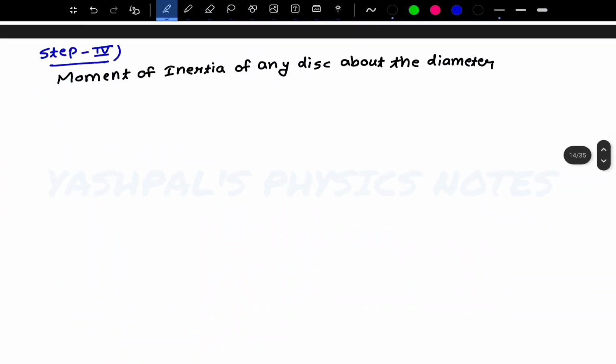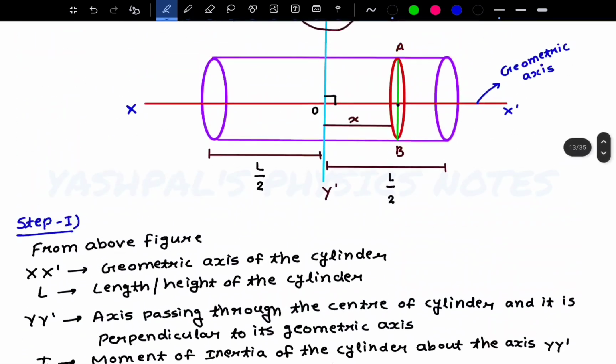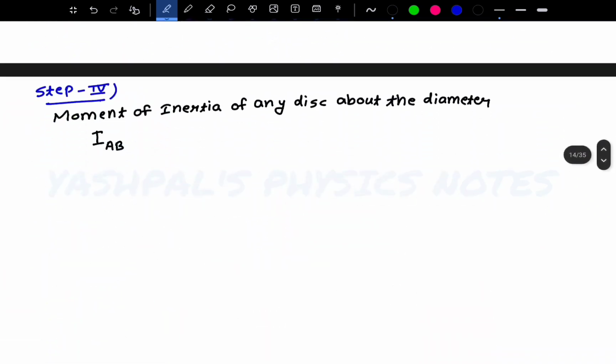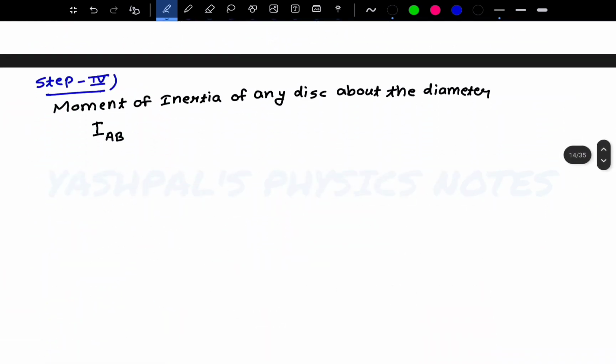So here I am writing moment of inertia along AB, where AB is nothing but the diameter of this circular disc. So here I have written moment of inertia of any disc about the diameter is given by I AB is equal to, its formula is 1 by 4 into mass into radius square.